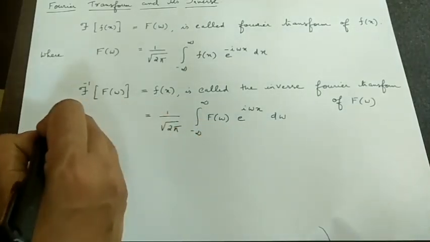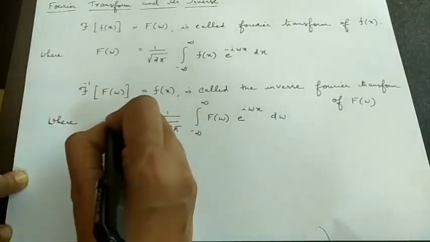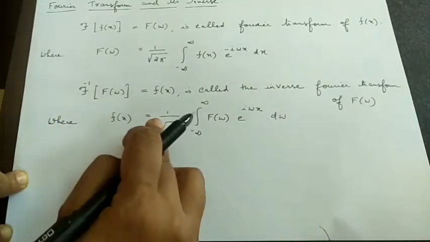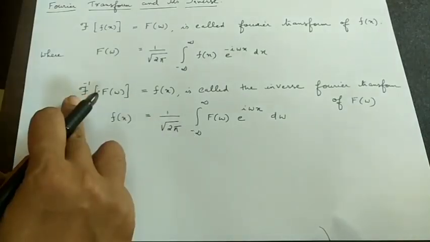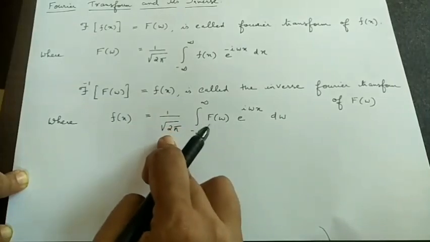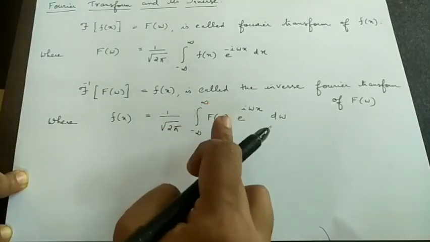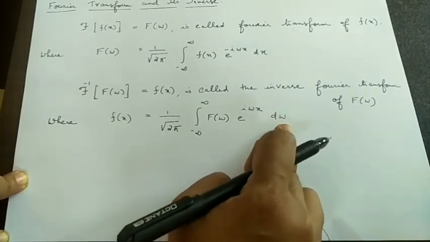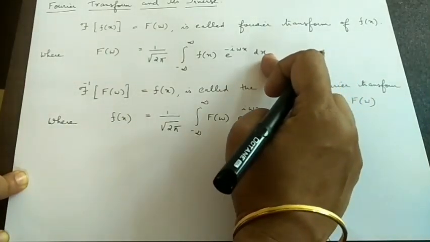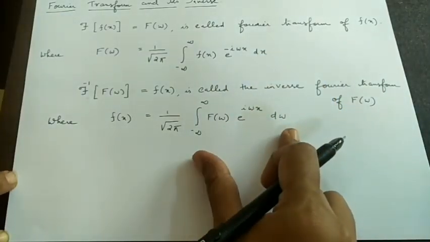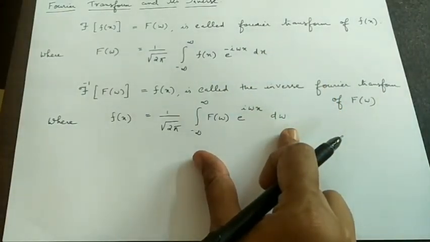That means we can write like this, f of x is equal to 1 by root 2 pi integral from minus infinity to infinity F omega e raised to i omega x with respect to omega, which is called the Fourier inverse transform of F omega. Here we have to check f of x with respect to x and F omega with respect to omega. This is about the formula of Fourier transform and its inverse.